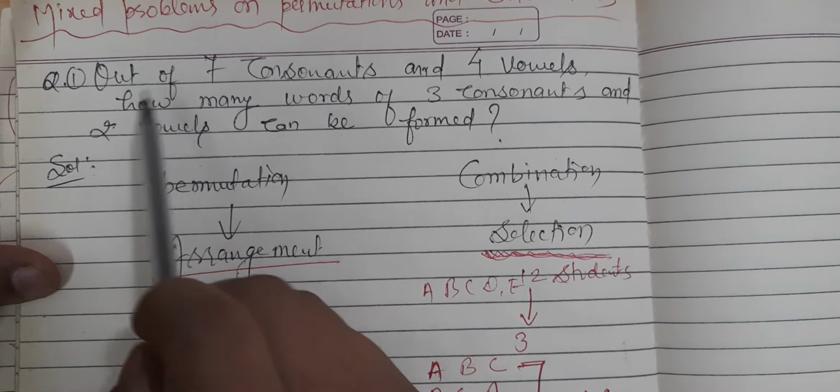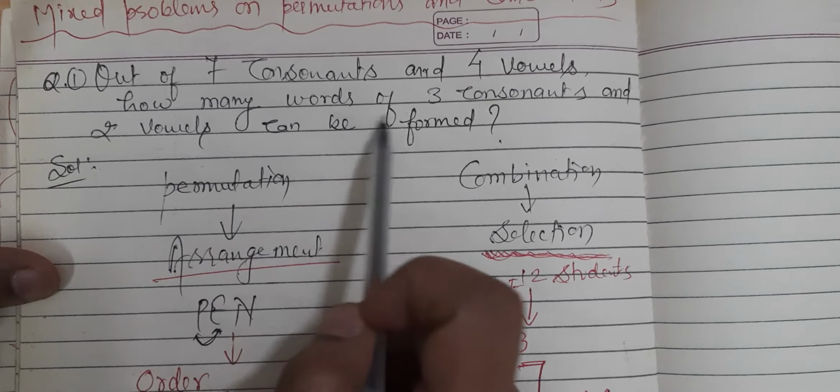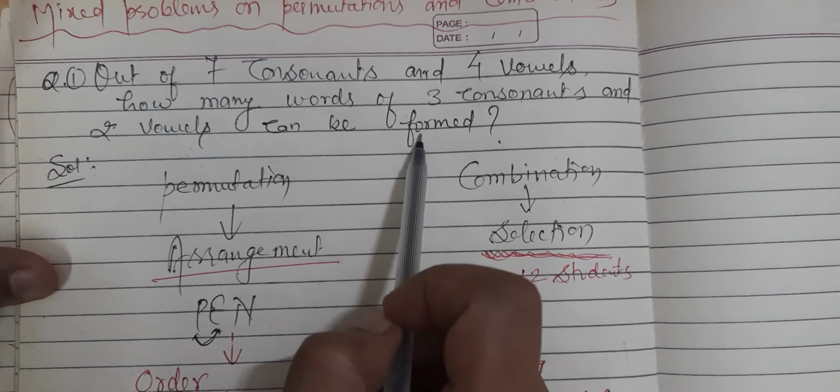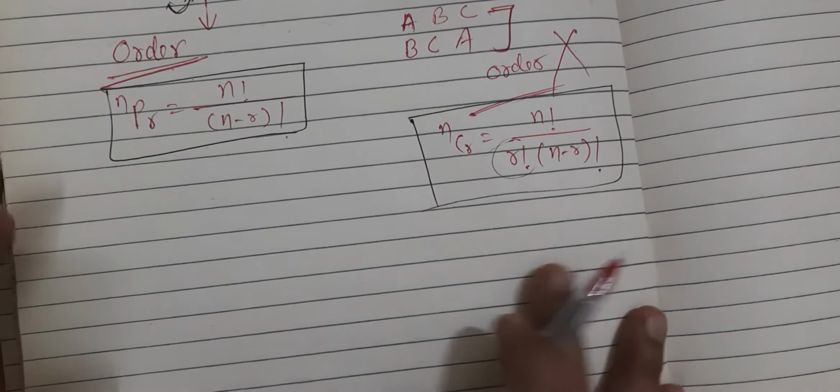The question is, out of 7 consonants and 4 vowels, how many words of 3 consonants and 2 vowels can be formed? We are given 7 consonants and 4 vowels.